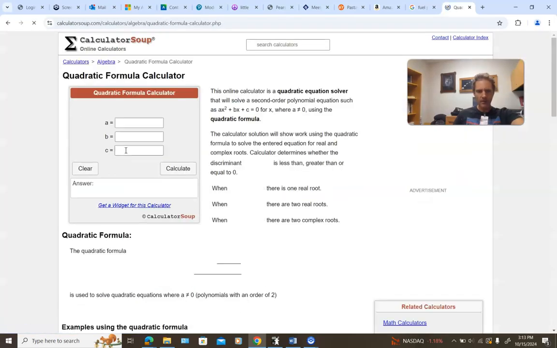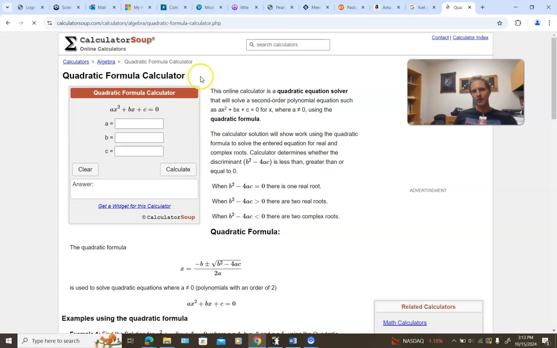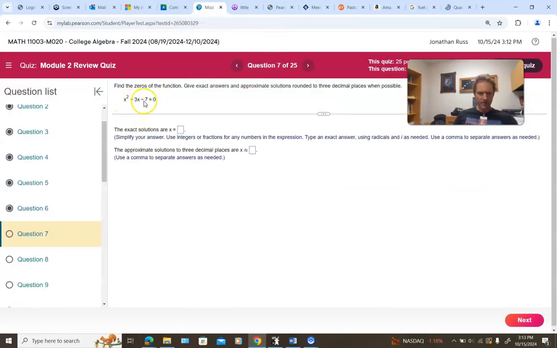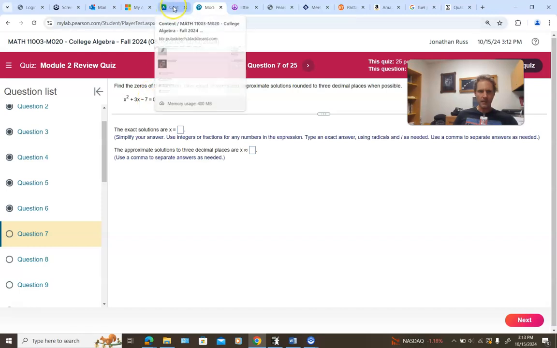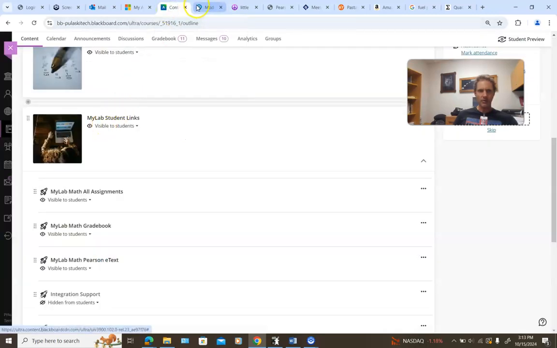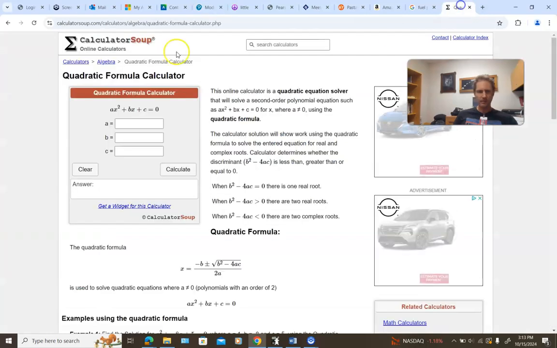Here it is. And this is the one that I prefer anyway. Alright, so it's already in standard form, guys. A is 1, B is 3, and C is negative 7. So 1, 3, and negative 7.